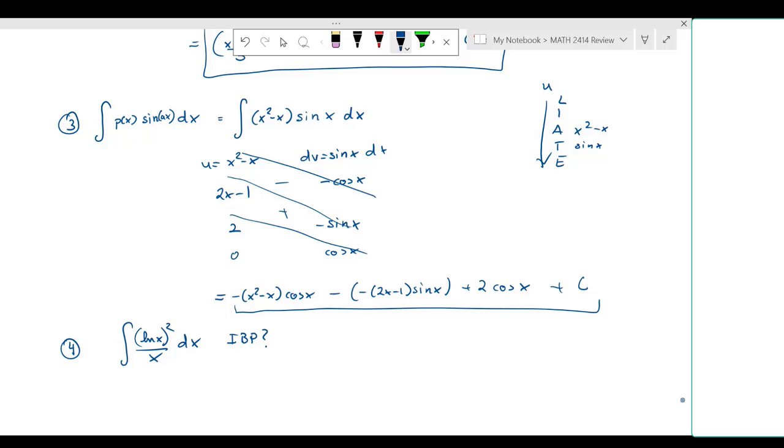No, and why not? Because what kind of integration technique is sufficient here? U sub, right? We see that the derivative of log x is 1 over x, and we see that in the integral, right? So there's no reason to use integration by parts, even though you could probably try it, but we won't.